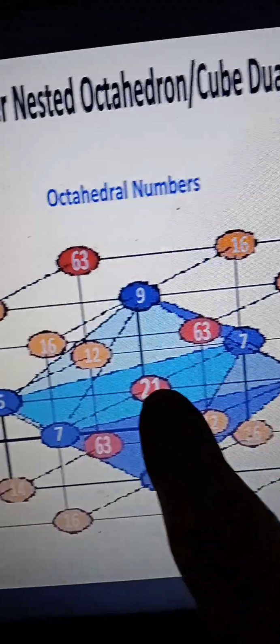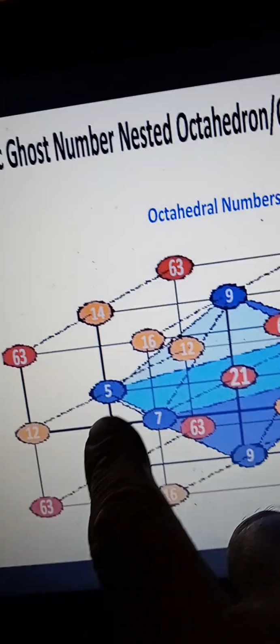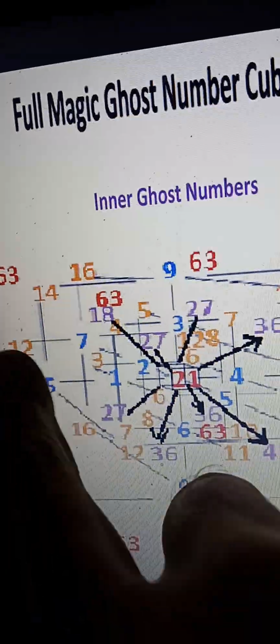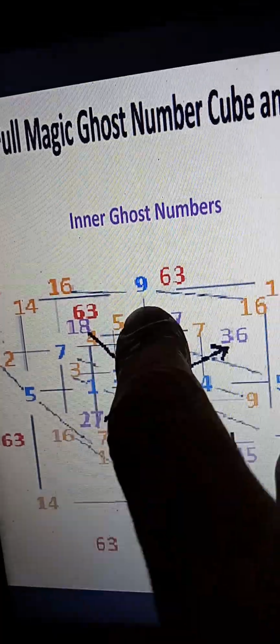Here's some models that I've made of my magic ghost number cubes in the central and the stripped down versions, and with this you can include the central ghost number because, well, this already has the same thing as before with the normal cube: 12, 16, 14, and 5, 7, and 9 still equal 63. 12, 14, and 16, and 7, 5, and 9.